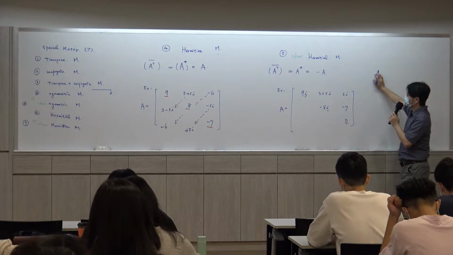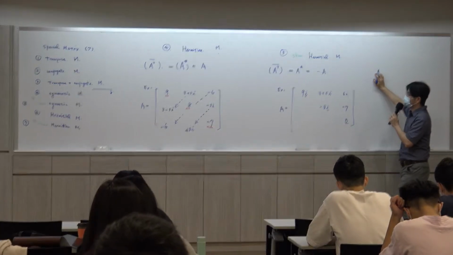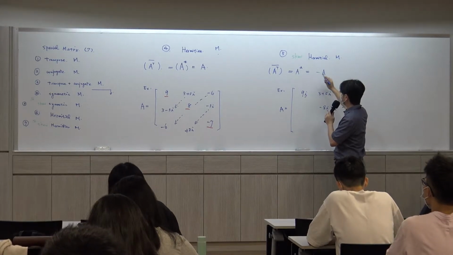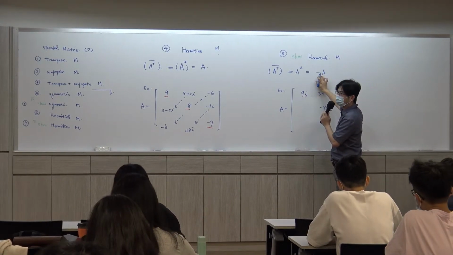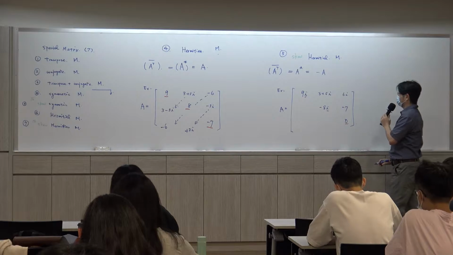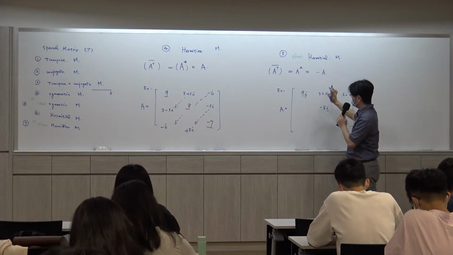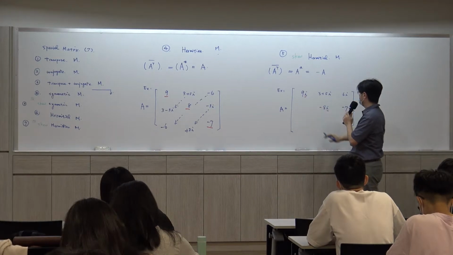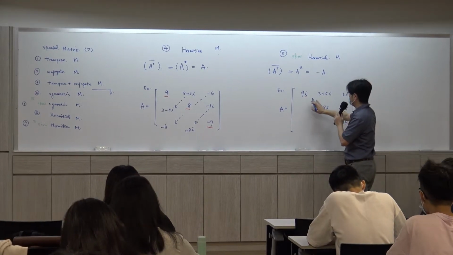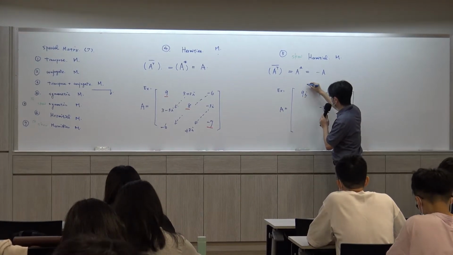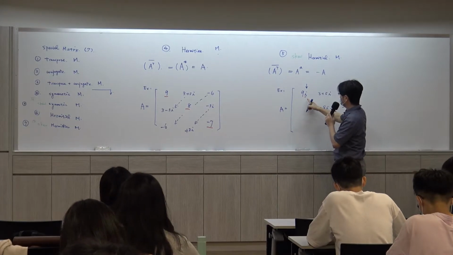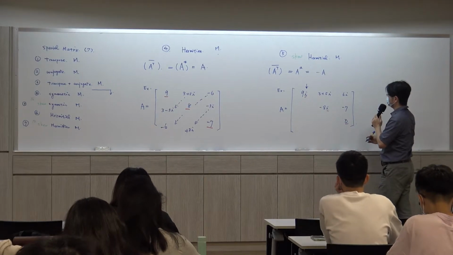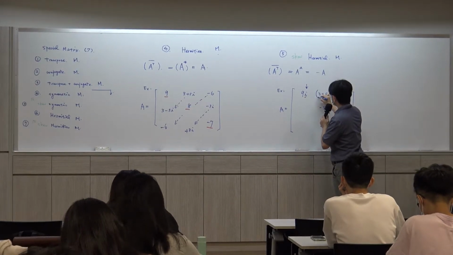Okay, let's move on to the skew Hermitian matrix. So for the definition with minus 10, we found that on the diagonal axis, the element should be 0 or you can find the i on the diagonal axis.